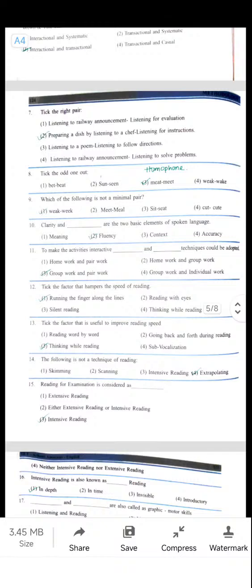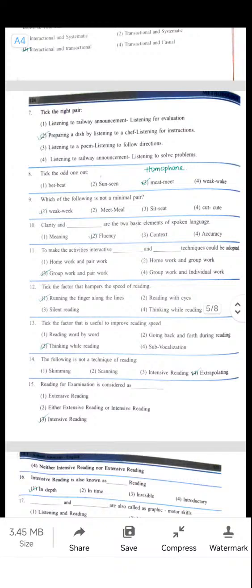Listening to a poem is enjoyment, just hearing only. And listening to follow directions, we do not keep that in our mind, we just hear and follow. Listening to railway announcements, we are just sitting at the railway station hearing some announcements because we do not take care of that. That is hearing, not listening to solve problems.